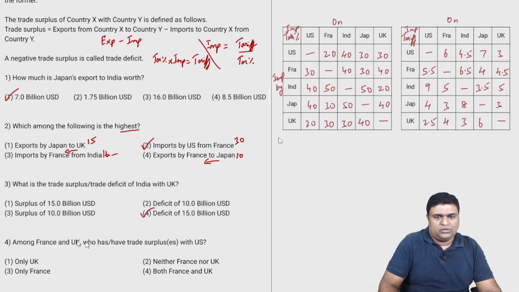Now, question 4. Among France and UK, who has or have trade surpluses with US? Okay, let's do France to US quickly. France to US, what did I say? Export minus import. Import is a straightforward one.